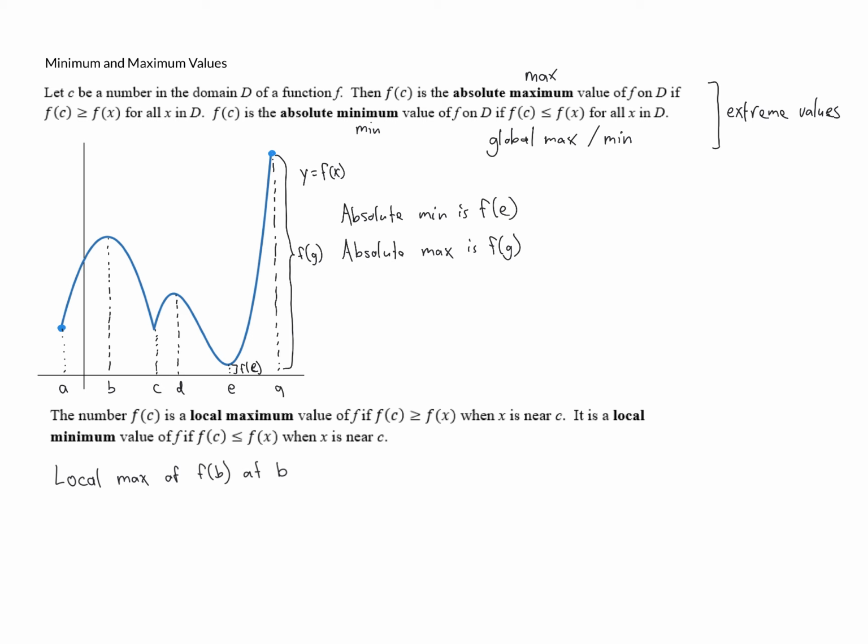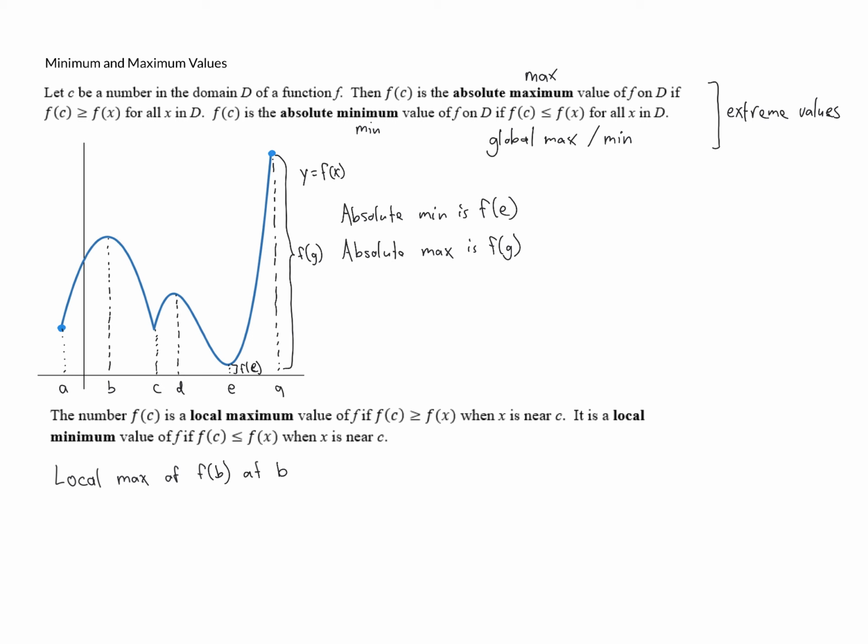Now, obviously, f of b is occurring at b, but sometimes if we're actually looking at an example where we have numerical values, if the height here was 7 and the value of b was 1, we might say, oh, we have a local maximum value of 7 that occurs when x equals 1. So it's a good idea to say where these local maximum and minimum values occur. Sometimes we'll be asked for that. All right, so that is a local maximum.